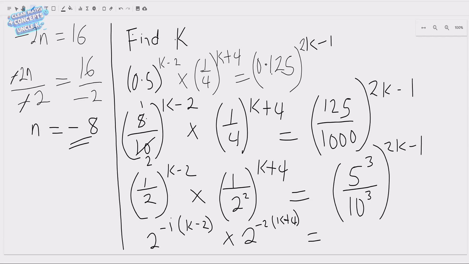If you remember one of those laws that says that when you have a power outside of a bracket, you can actually bring it inside. But in this case, we need to get it out. Yes, like it's stopping us right now. So you have 5 over 10 power 3 into 2k minus 1. Alright, so let's go to the new page.